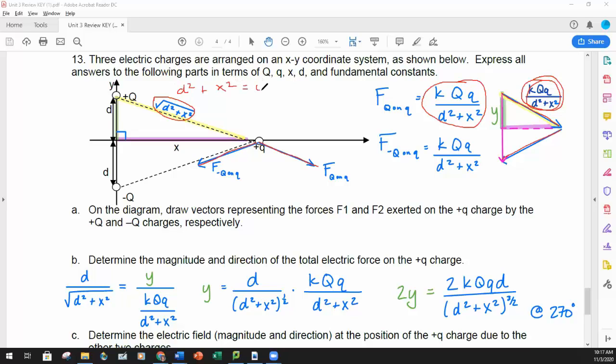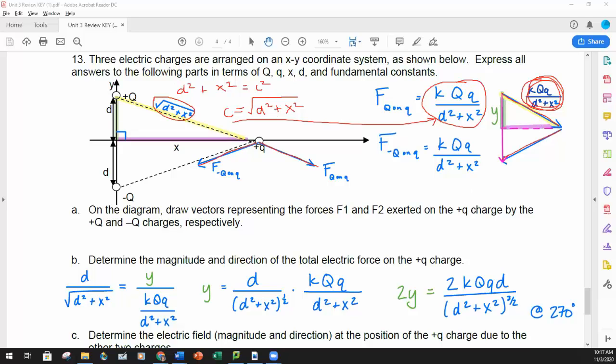We'll just call it c squared. So c would be the square root of d squared plus x squared. But then that distance, when I put it into Coulomb's law, I have to square it because the denominator is squared. So that's how I get this distance.